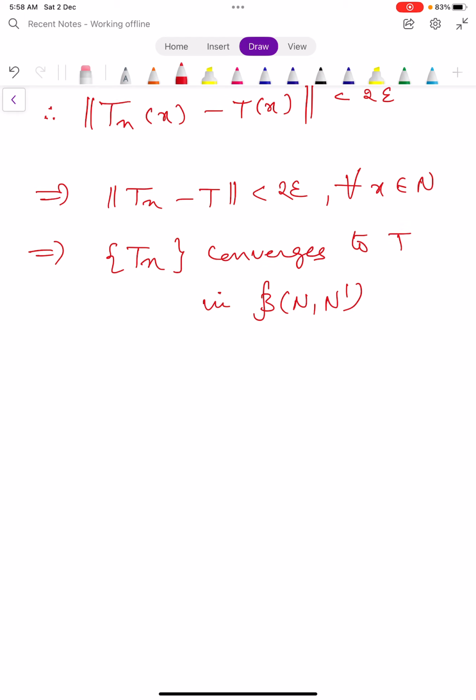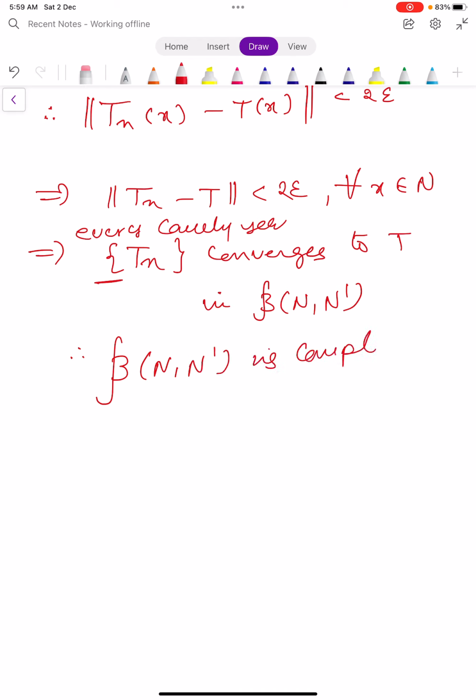So every Cauchy sequence Tn converges to T in script B of N comma N dash. Therefore, script B of N comma N dash is complete.